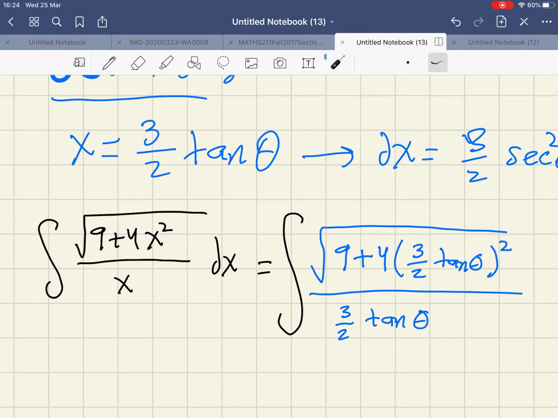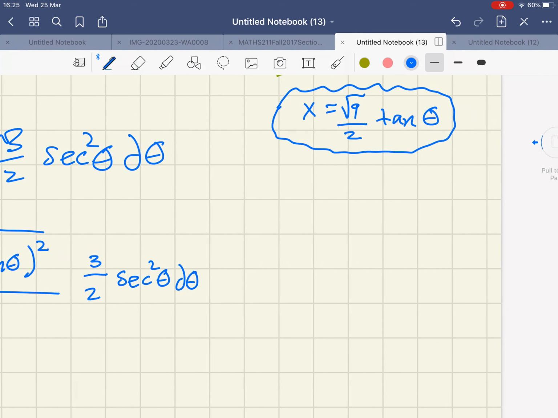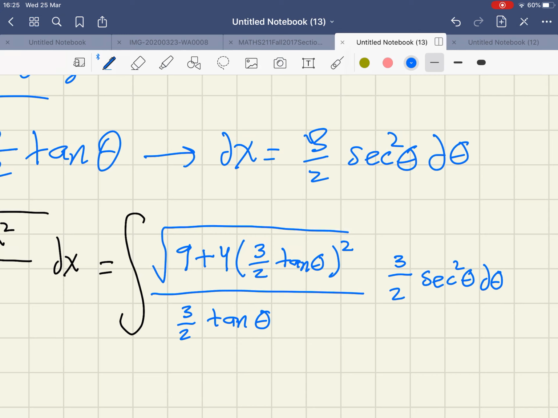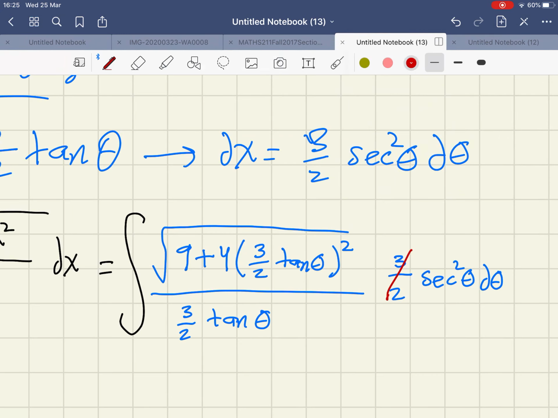This is the x here. Okay, and then we need to find dx. And what is dx? It's already written here: 3 over 2 secant square theta d theta. Lucky for us, we can do kind of cancellation here. 3 over 2 will get cancelled.